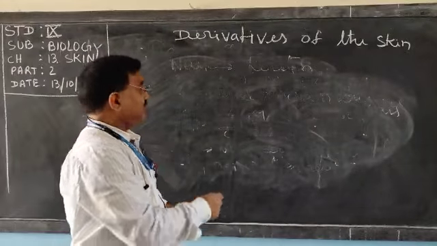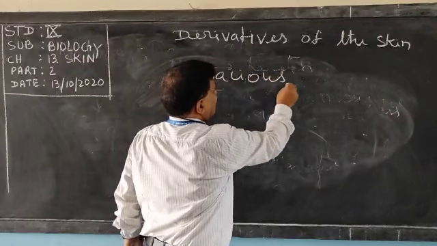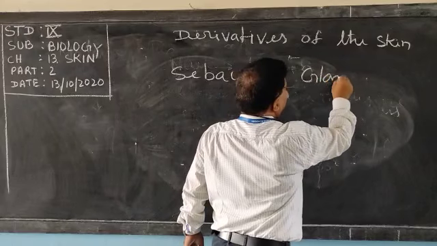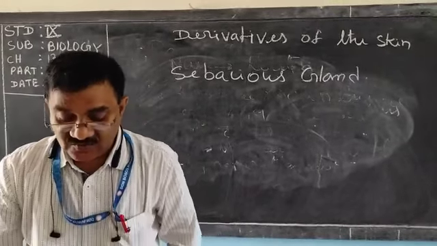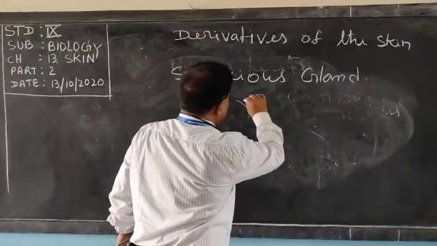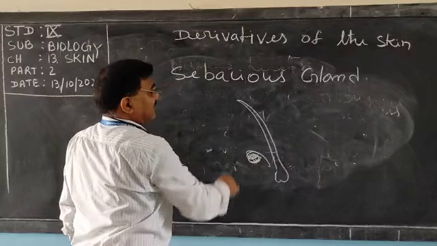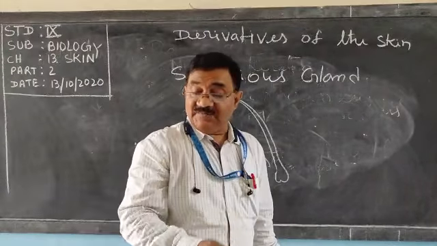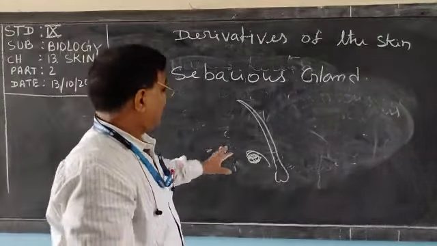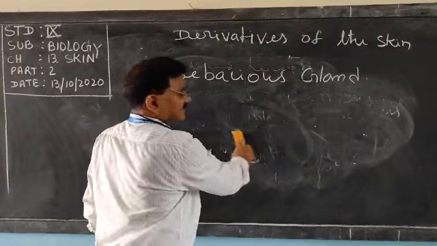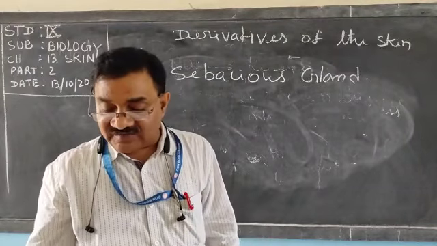Let us discuss the sebaceous gland. So what is the sebaceous gland? I have shown you the diagram. Suppose this is the hair. The sebaceous gland is present in the dermis, and opens into the hair follicle, and sometimes directly outside also.